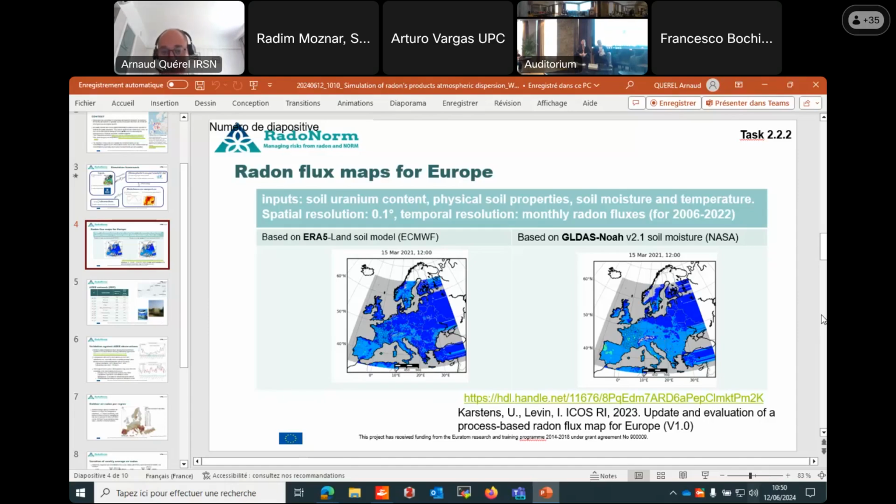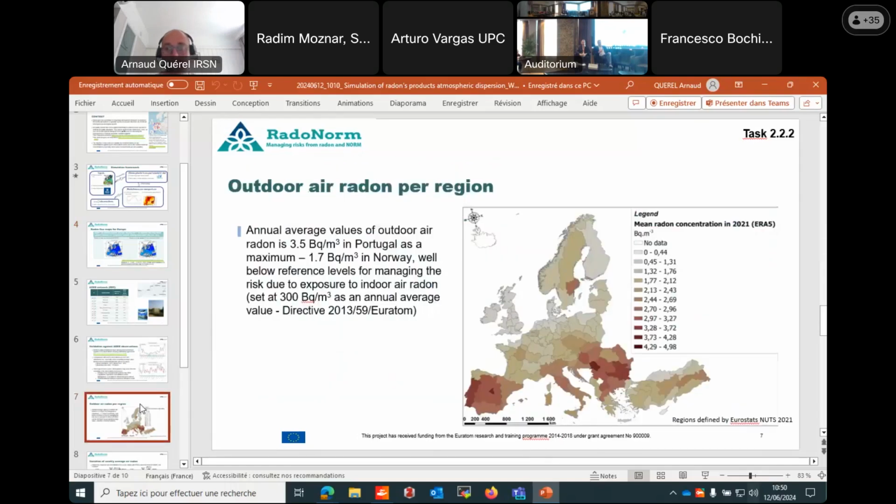Thank you very much for the presentation. I'm coming from a regulatory side, so I'm looking at the implementation of radon flux maps for Europe. I'm wondering if it has been considered that radon concentration can be used as a predictor for earthquakes.